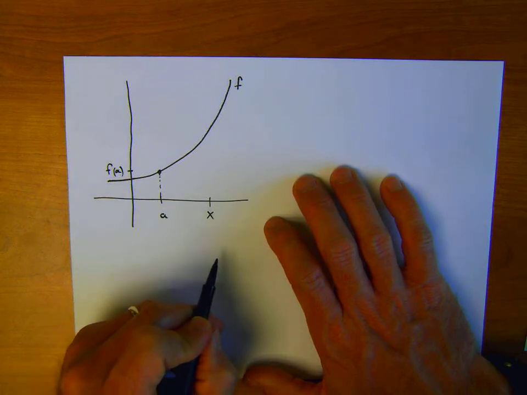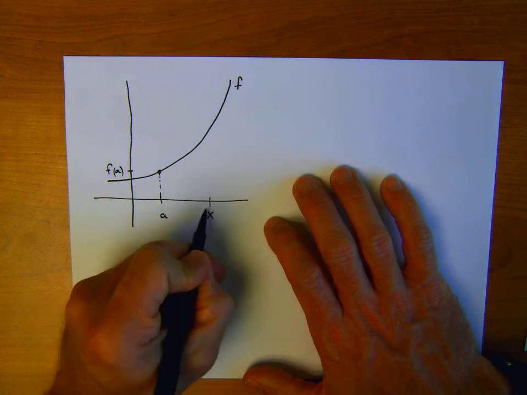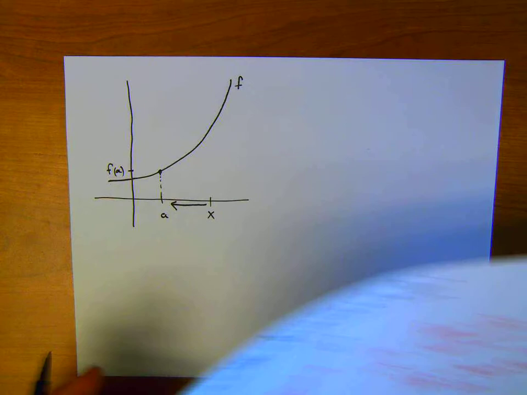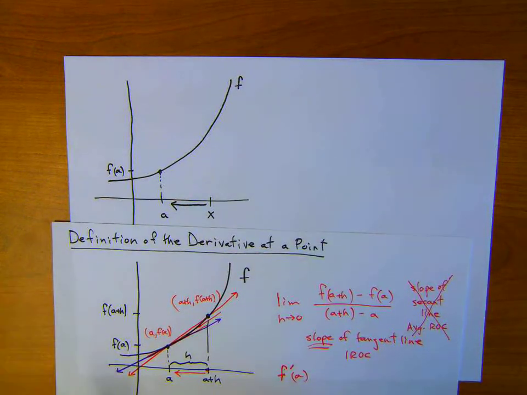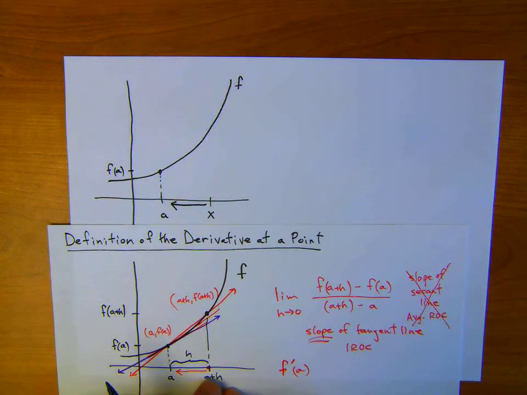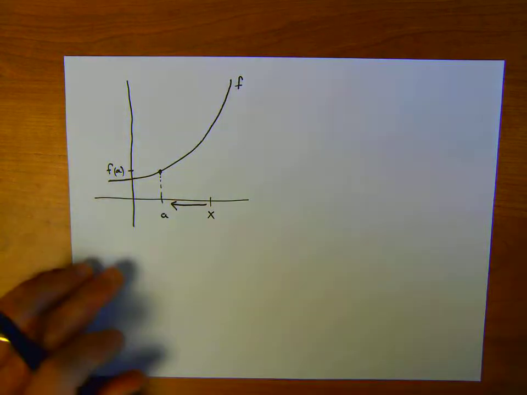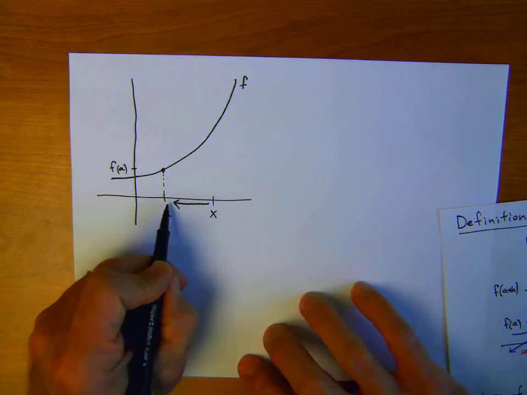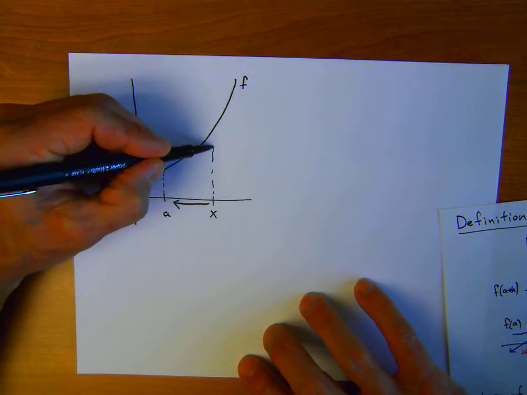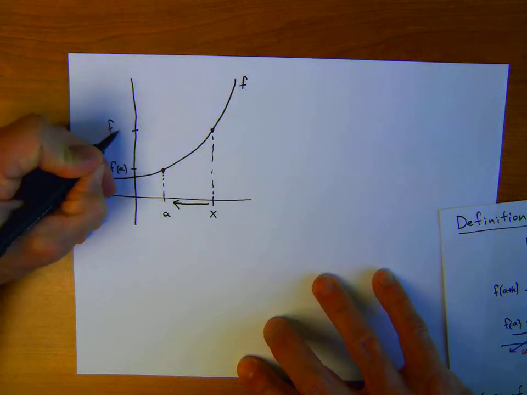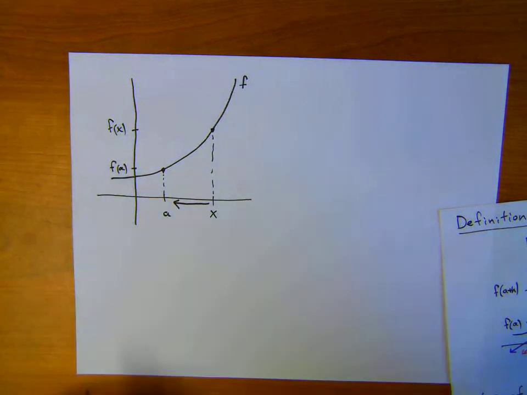And so what we're going to do in this case is let x approach a. So you see the similarity here. Down here, we were letting h go to 0, and so that brought this a plus h toward a. In this case, we're going to let x go to a. So similarly, if we come up here, here's my function value at some variable point x.